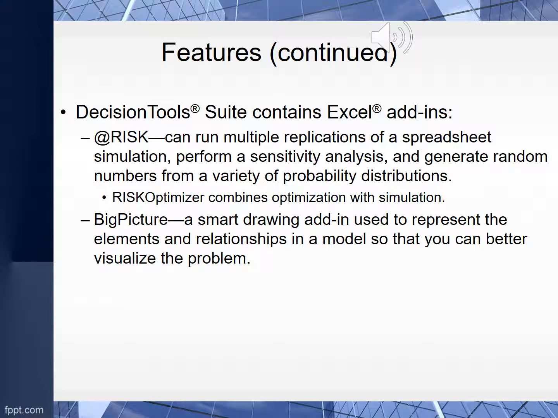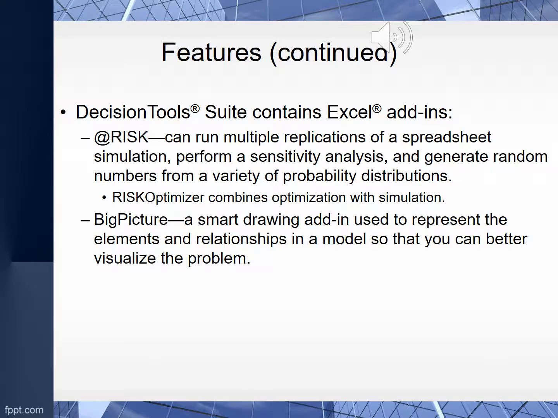Some additional features we will use are the Decision Tools Suite, which contains Excel add-ins: @RISK, which can run multiple replications of a spreadsheet simulation, perform a sensitivity analysis, and generate random numbers from a variety of probability distributions, and RISKOptimizer, which combines optimization with simulation.